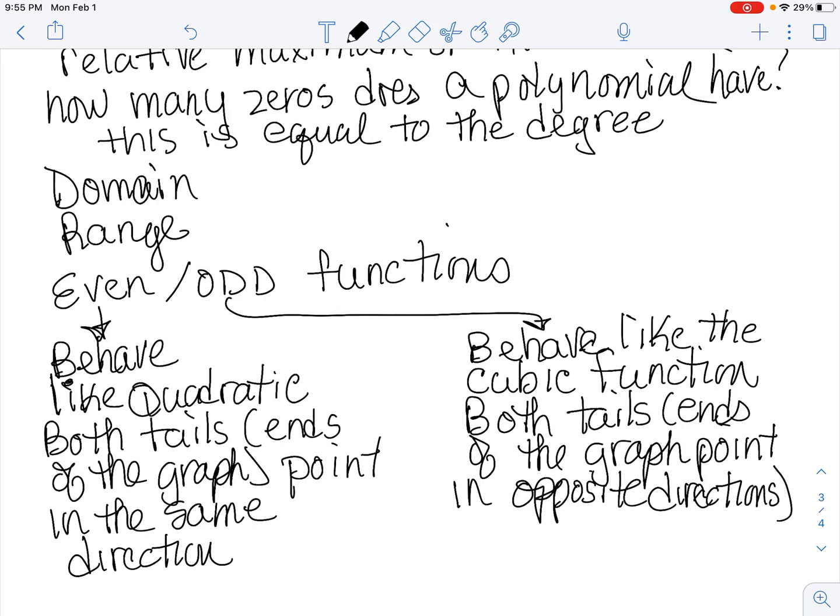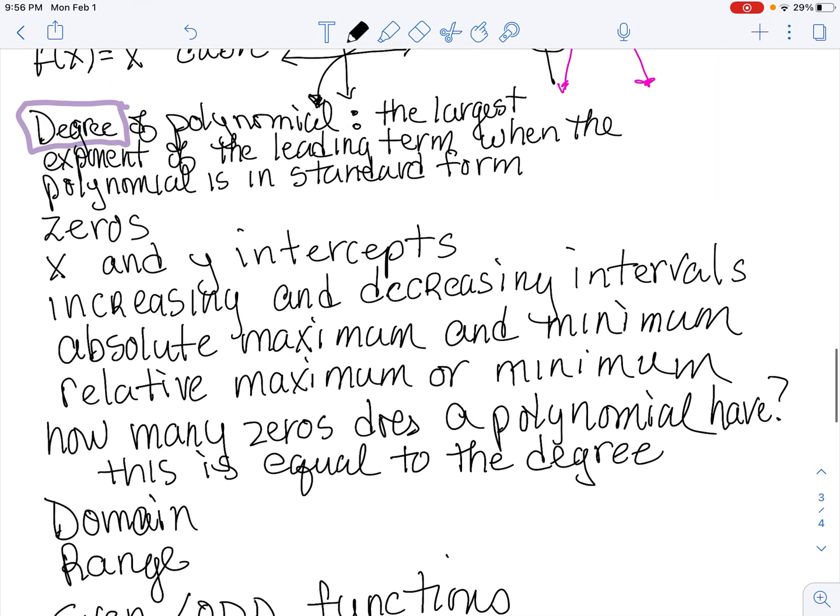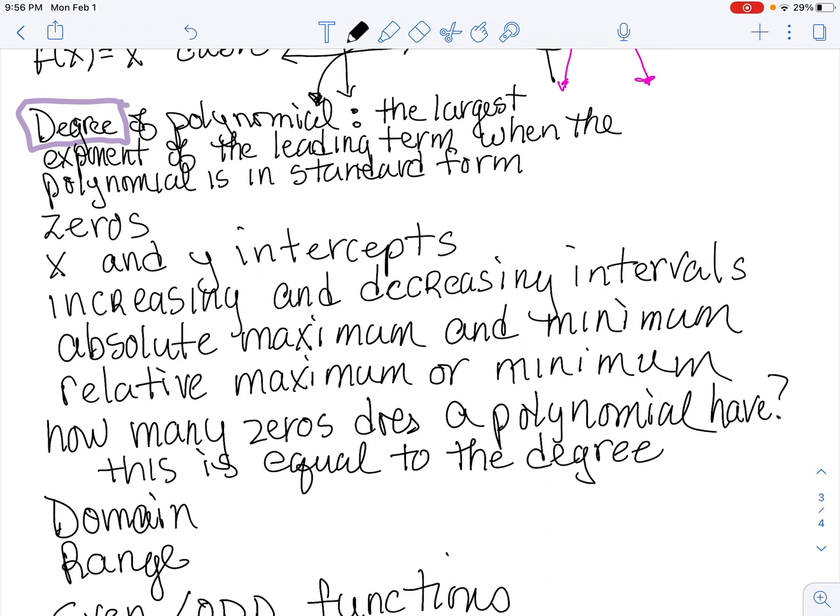Now, we're going to talk about that end behavior of the graph more formally as we move through topic 3. But for now, understand that if it's in the cubic family, your ends of the graph are going to go in opposite directions. So one's going to go towards positive infinity and the other one's going to go towards negative infinity. And if it's an even function, then it's going to behave like your parabola, where the ends of the graph are going to either both be pointing up or both be pointing down.